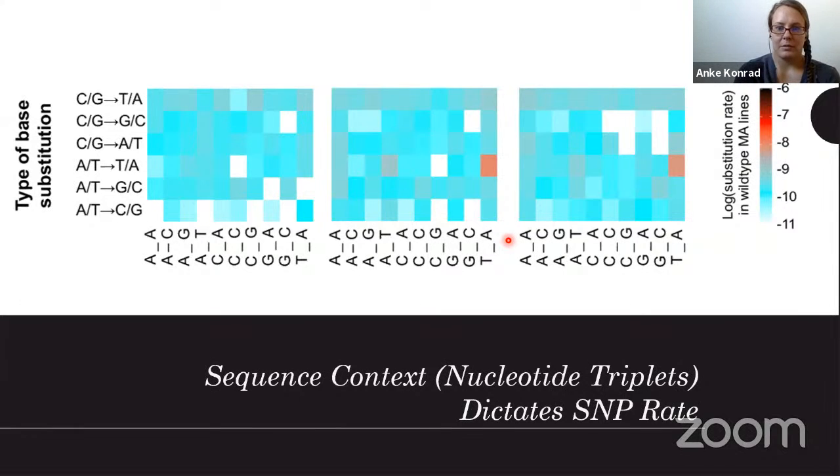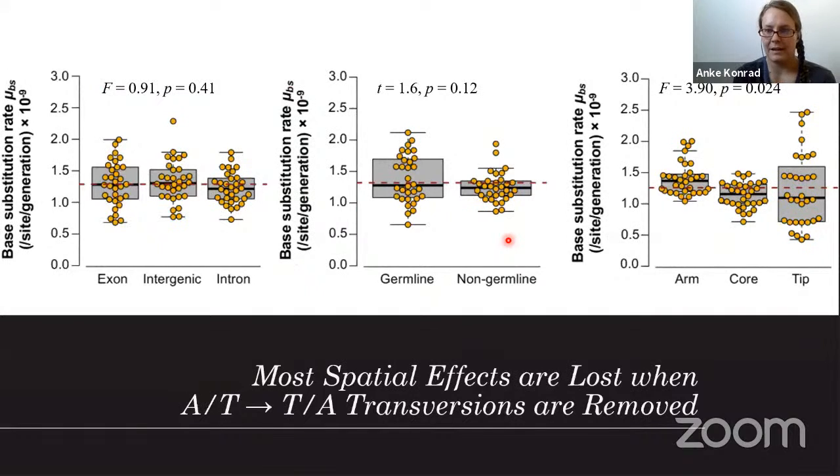And most of these mutations happened right at the boundaries of homopolymeric runs, which led us to take out these mutations and reanalyze all of the data sets.